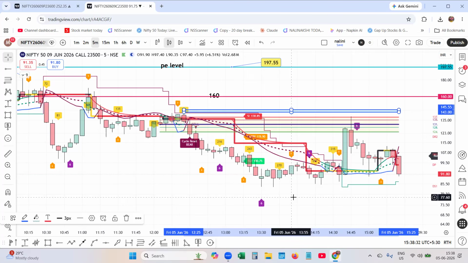Mark the pivot of the call option and the put option on both the charts. Pivot of call option and put option chart, and pivot of put option and call option chart, you need not track anything. You know the level.